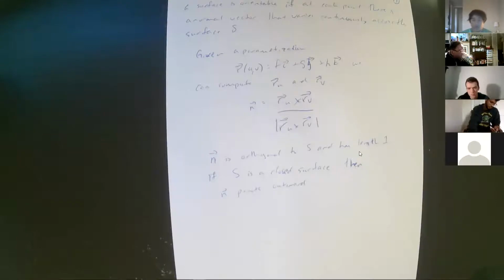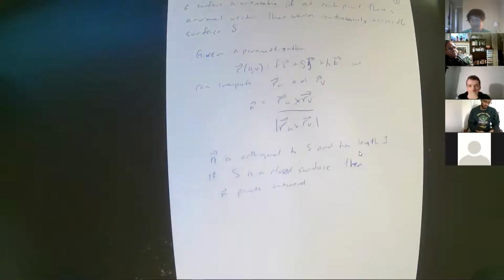Okay, so if we have a surface like a sphere that is closed, this normal vector points outward, right? So how do we get a normal vector that points inward? We take the cross product in the other direction. So at every point, there will be two normal vectors, one that points in the positive direction and one that points in the negative direction.